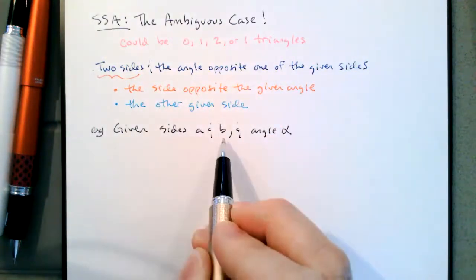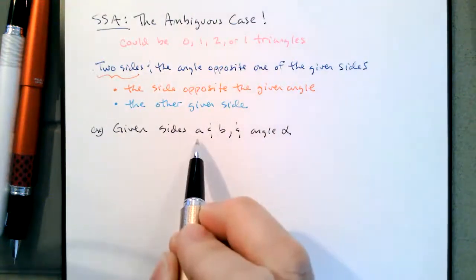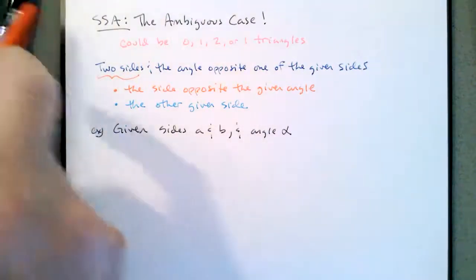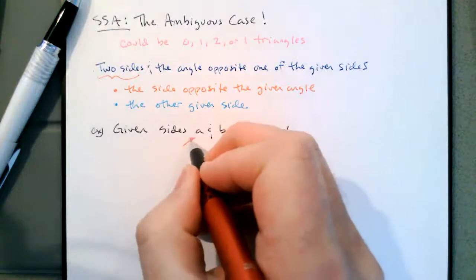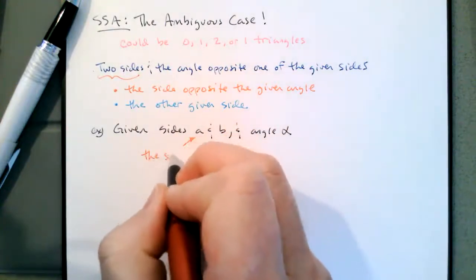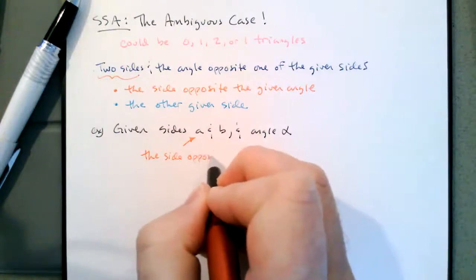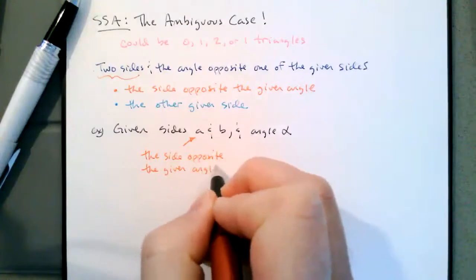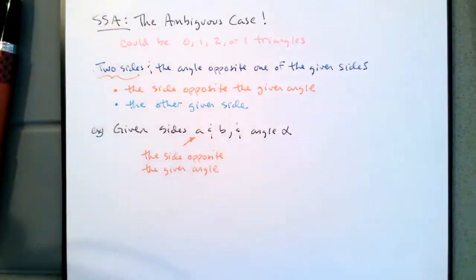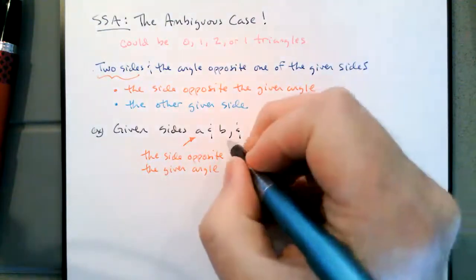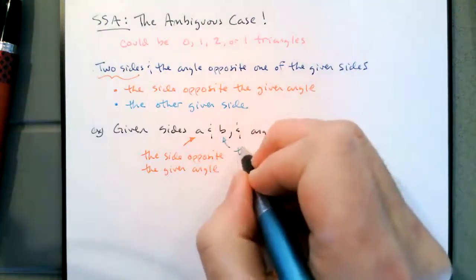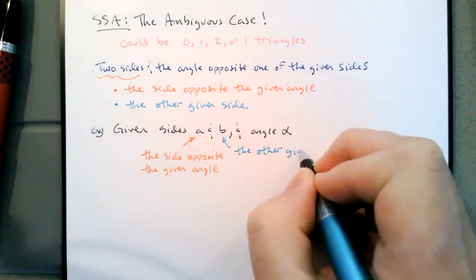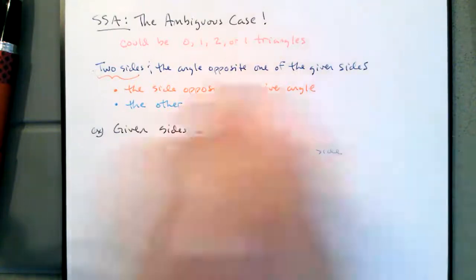A is going to be the side opposite the given angle, and B I will refer to as the other given side. Alpha is the given angle.